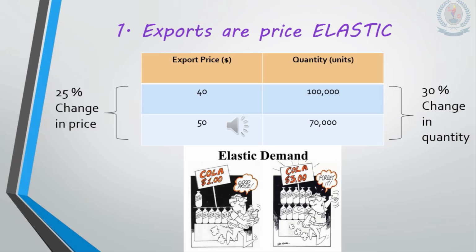So, if we calculate it percentage-wise, $40 to $50 means a 20% change in price. 100,000 to 70,000 means a 30% change in quantity demanded. So, for a 20% change in price, quantity demanded has responded by a 30% change in the number of units. That means it has an elastic demand.